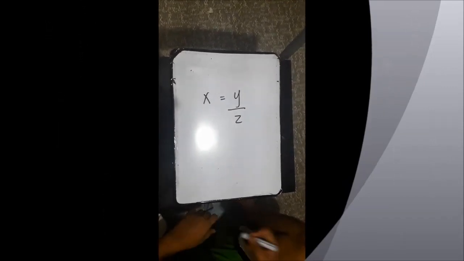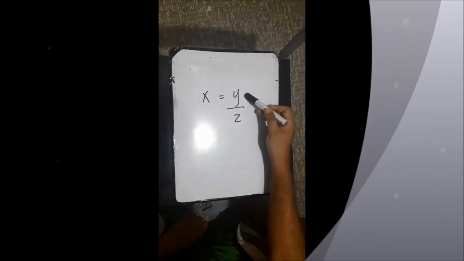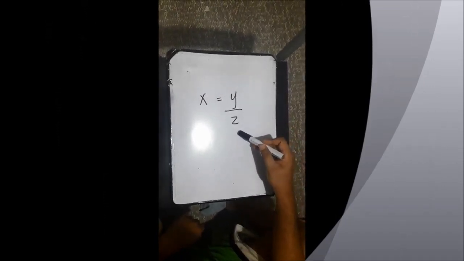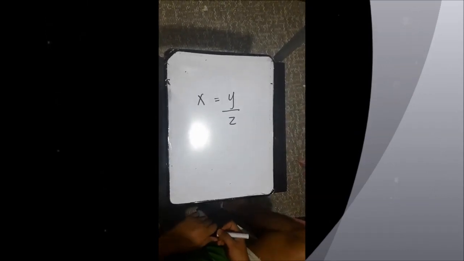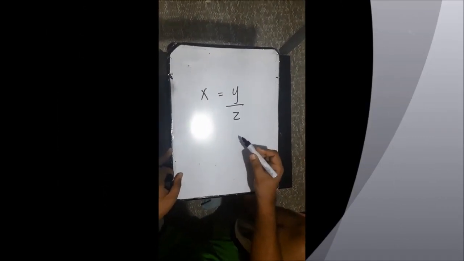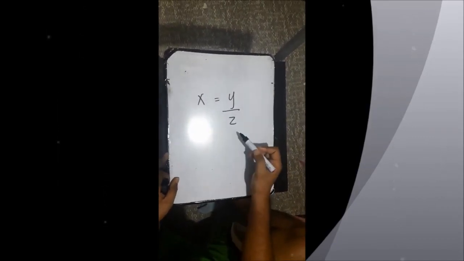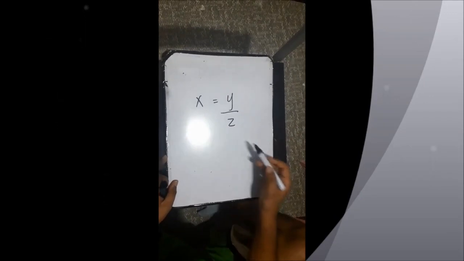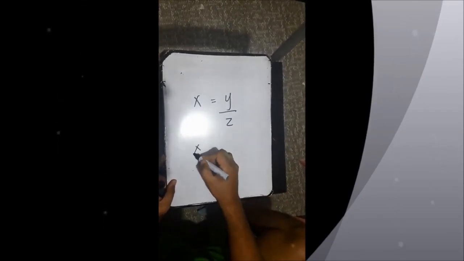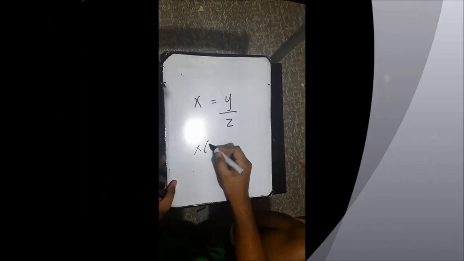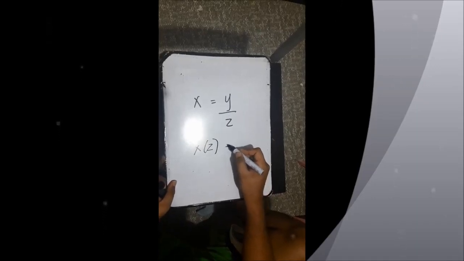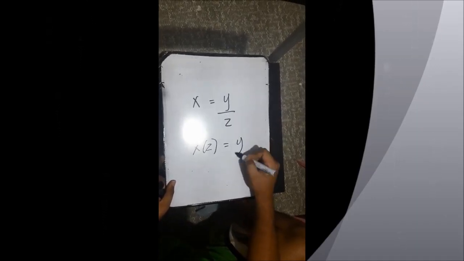If we are looking for the variable y, in this case, I'll be moving z to the way of x. So to do that, I'll simply cross z, and I will not be switching x and z. I will just be moving z towards x. So what happens is I will have x, and I will be multiplying z, since that is crossing, and that's equal to y.